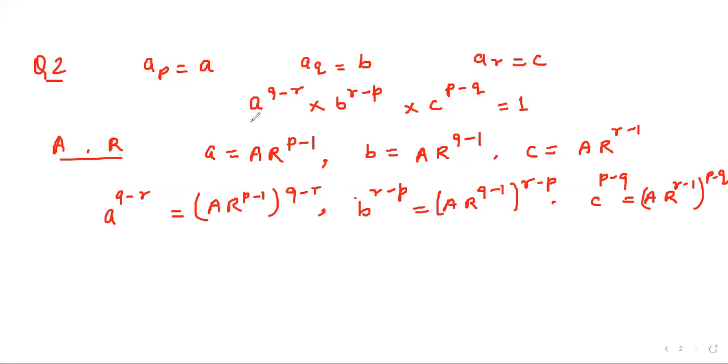Now, we consider the LHS of equation 1, that is a^(q-r) times b^(r-p) times c^(p-q). So we put these values in the LHS.